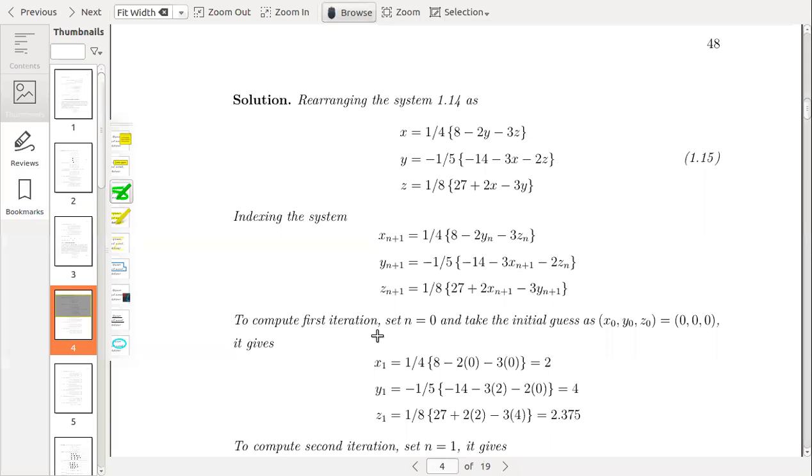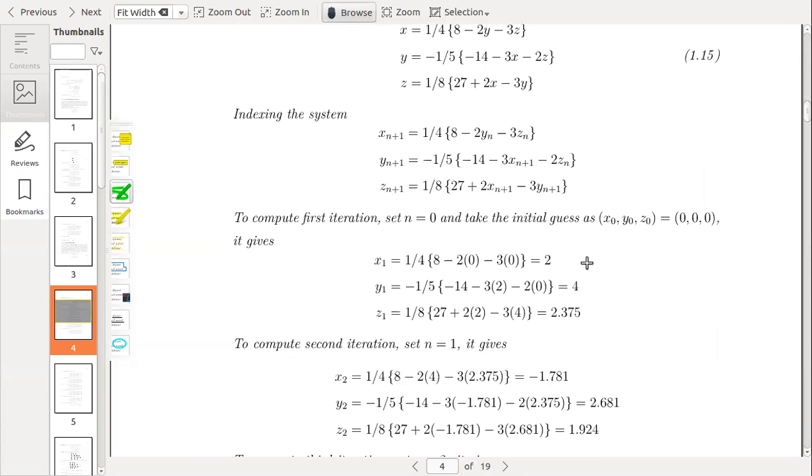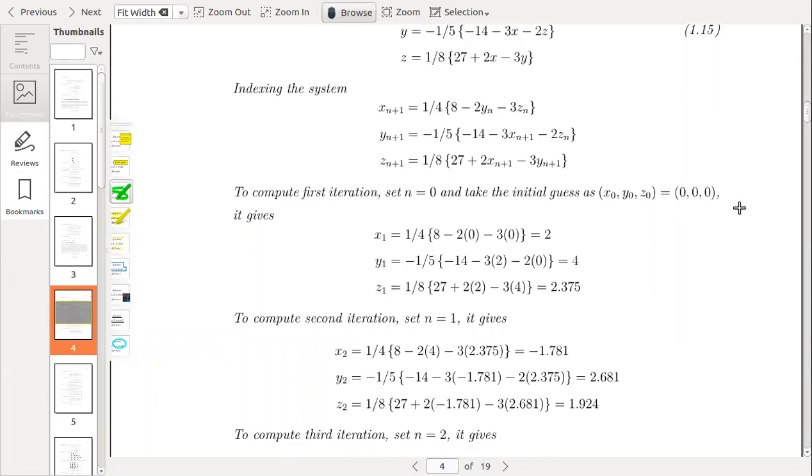To compute the first iteration, set n is equal to 0 and take the initial guess as x naught, y naught, z naught. So then we compute this first iteration. So x1 is equal to 2. Now the difference is that we use this value here.